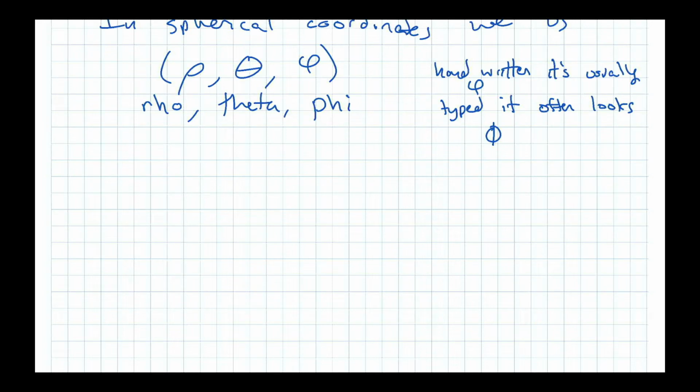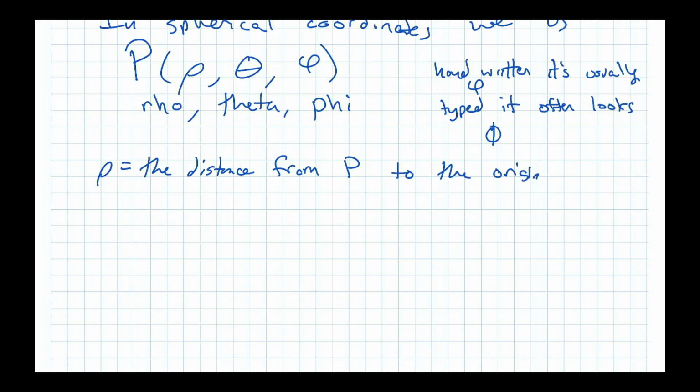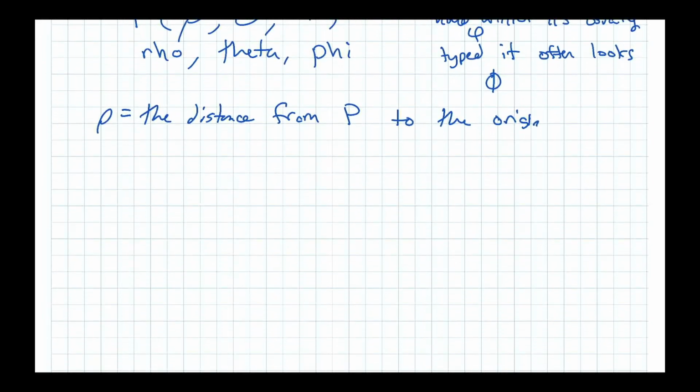And then what are they? Rho is going to be the distance from the point, so if this is P, from P to the origin. Theta is going to be the same theta from cylindrical coordinates.